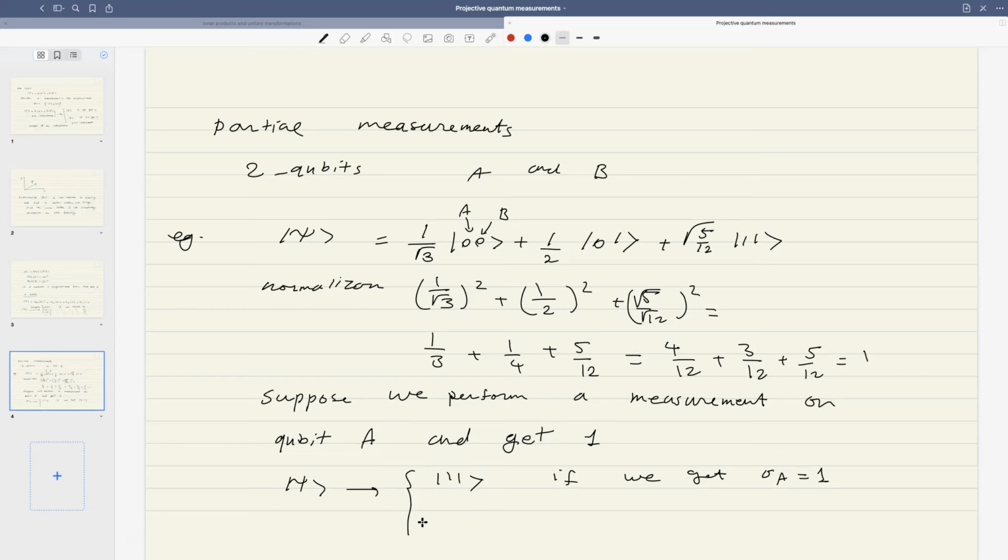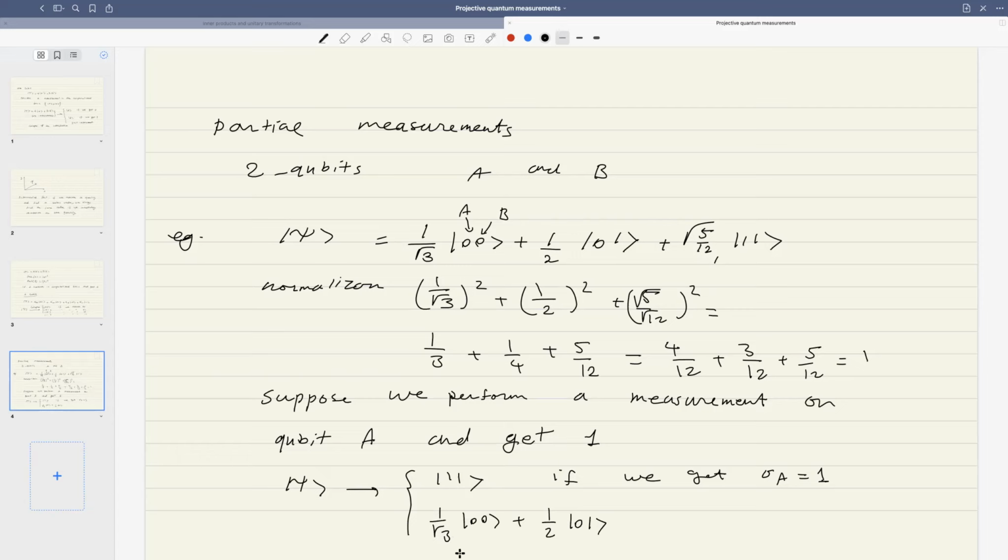So partial measurements consist of 2 steps if you want to calculate the post-measurement state. So first I project out inconsistent terms in the superposition. So that gives me 1 over square root 3 |0,0> plus 1/2 |0,1>. But then I notice that this vector is not normalized.